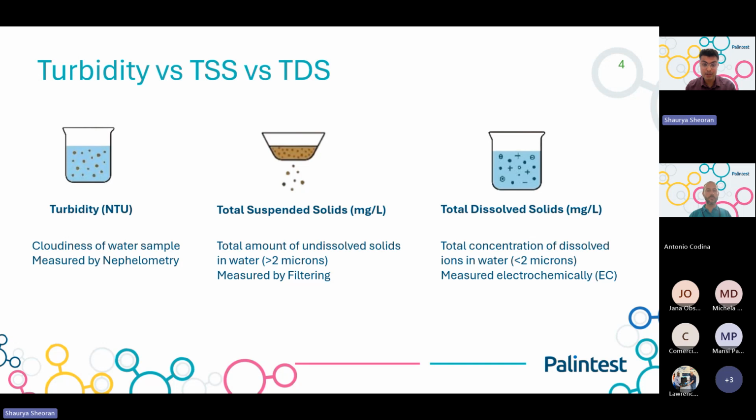All the solids that remain on the top, which are greater than 2 microns, will be deposited on the filter, and then the filter is heated in an oven, and whatever residue remains is these suspended solids. So it's measured by the weight of the solids per liter.